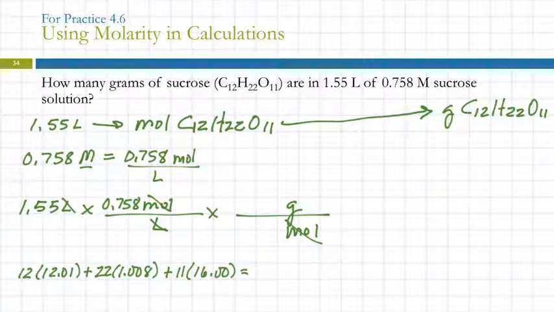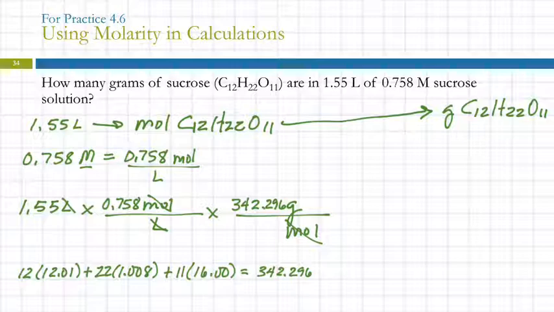It's 346, but I don't trust my memory. 342.296. And again, I'm not going to bother rounding that because it's not going to really matter at all. And keeping more digits is not harmful. So that's the mass of 1 mole of sucrose.